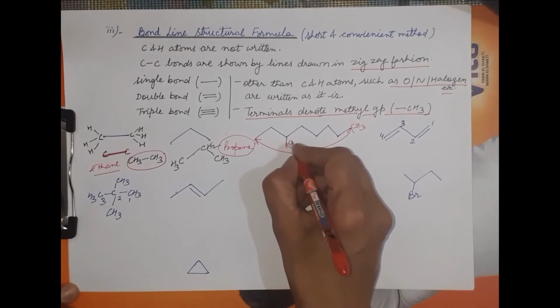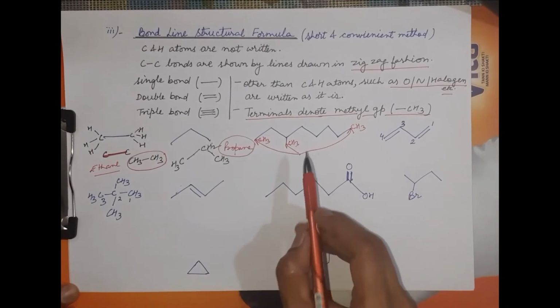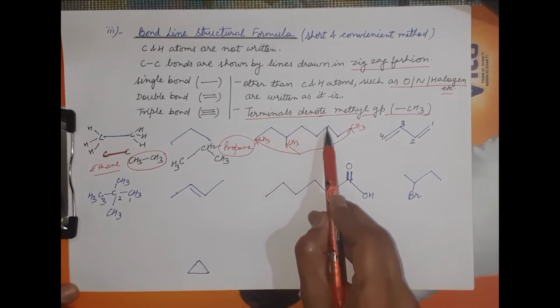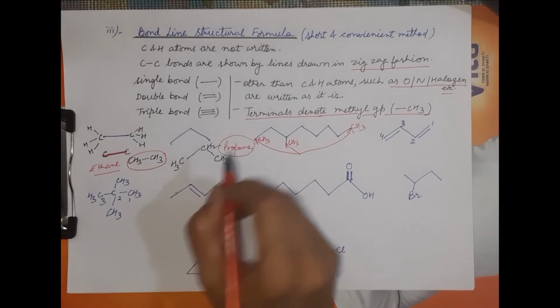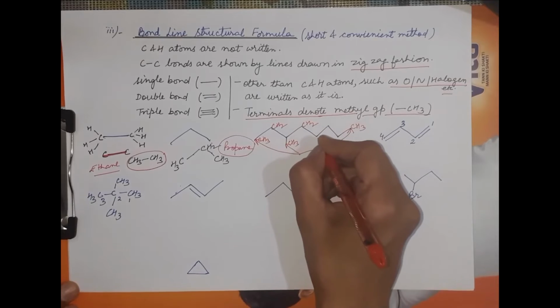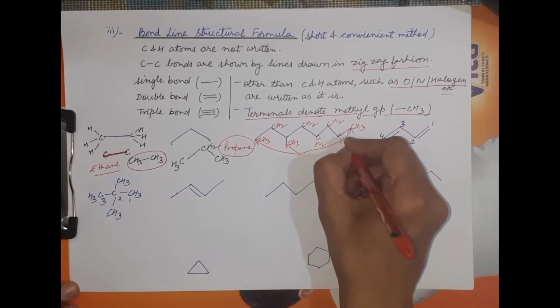One CH3 here, here CH3, and here also CH3. And all the other carbon atoms, this one, this one, this one, this one, this one, all will be CH2. All these will be CH2, CH2, CH2, CH2, CH2.